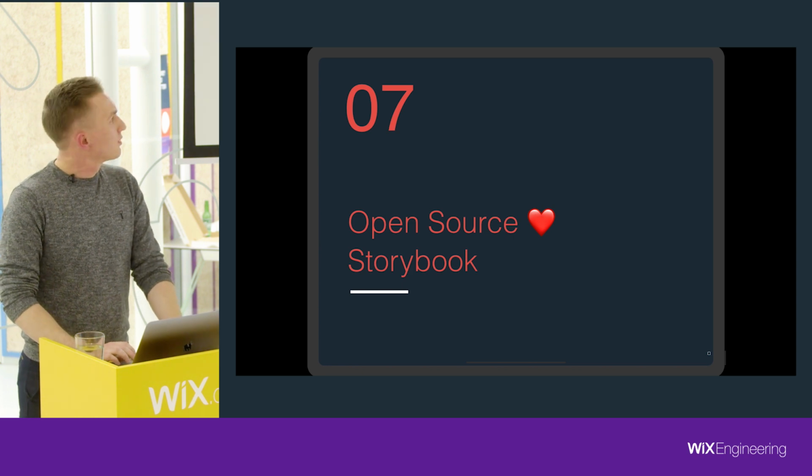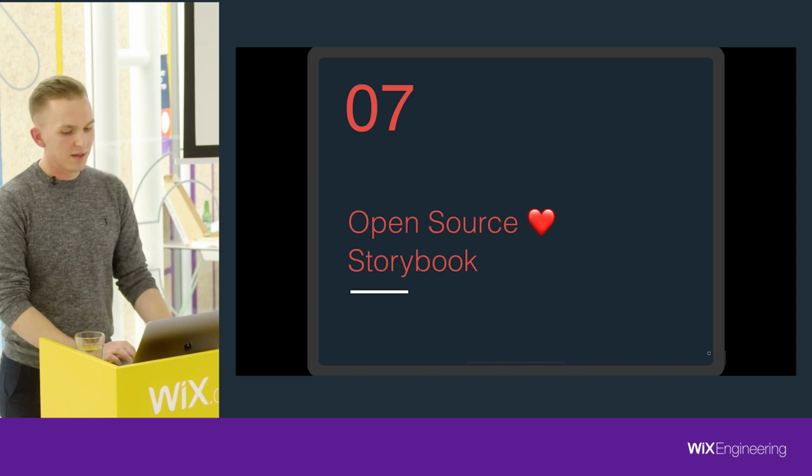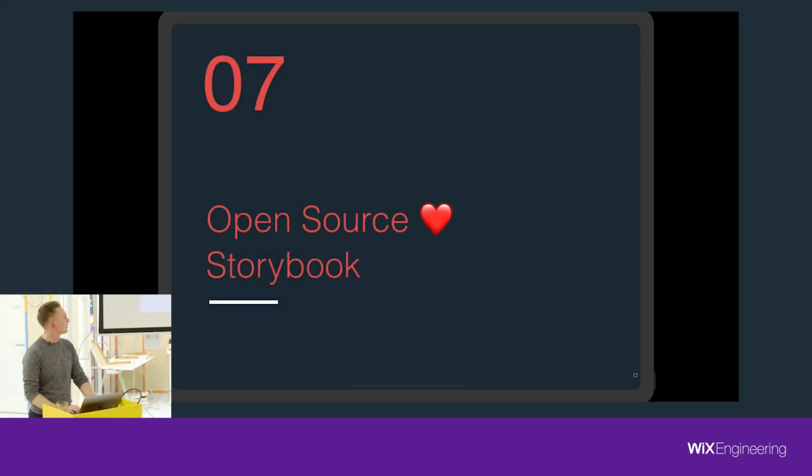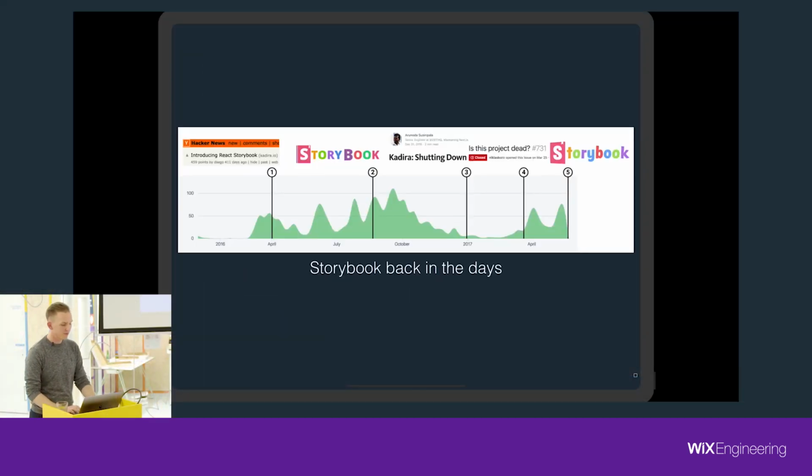As I said, I also want to tell you a little bit about open source and Storybook. One important thing to know about is Storybook's history itself. Storybook was created in 2016 by a startup called Gytis.